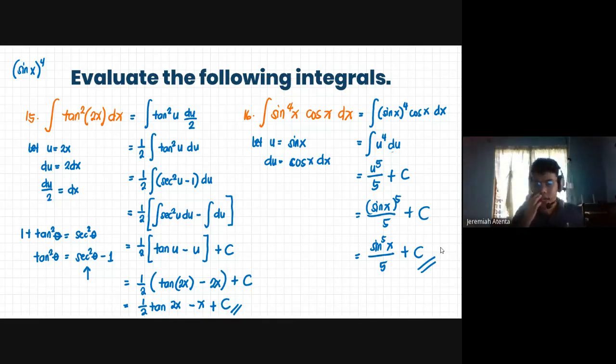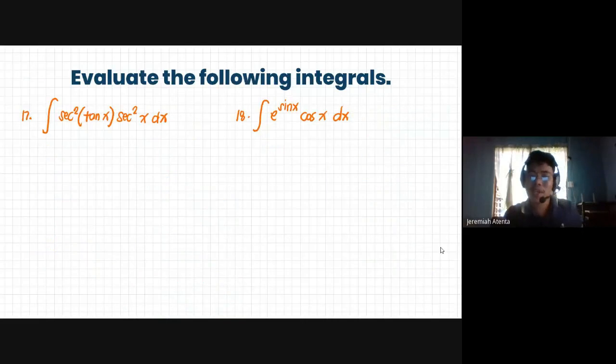None, sir. Okay. If none, for numbers 17 and 18, I think we cannot cover these anymore because it's already late. It's already 12. Check the handout, since 17 and 18 are in the handout. Look at the solutions there. For 17, try it if you have time.